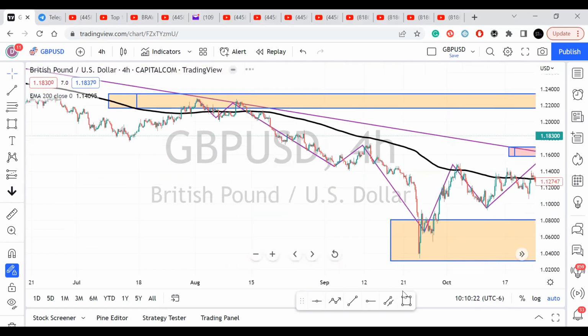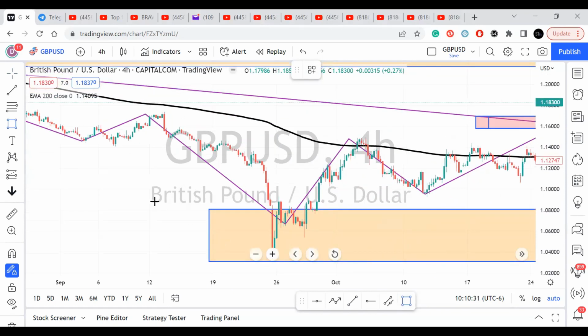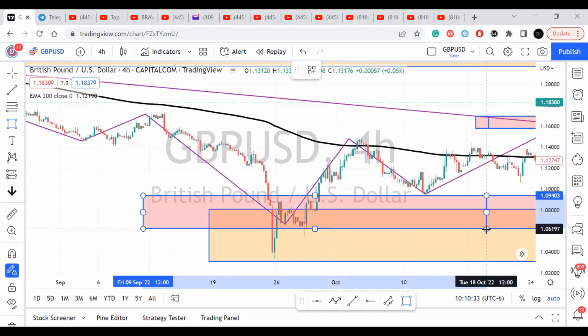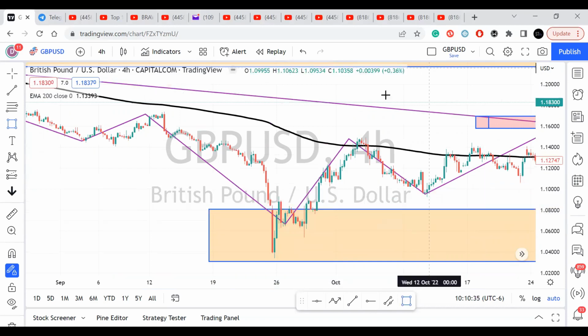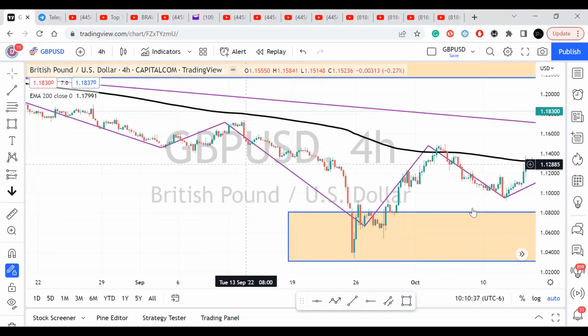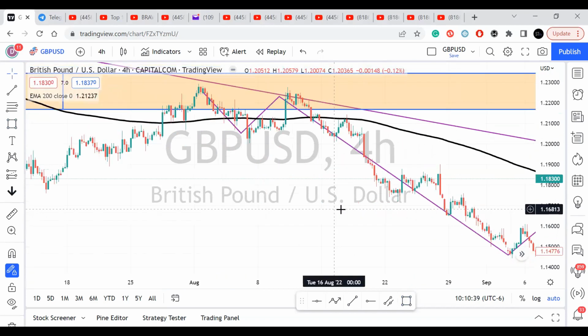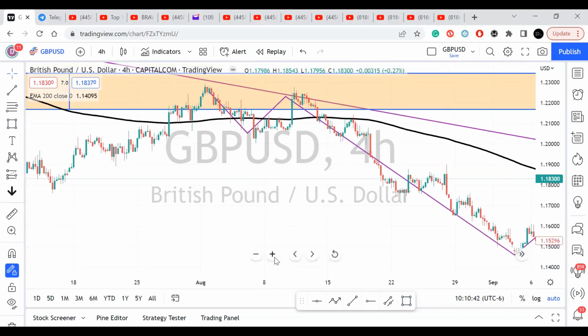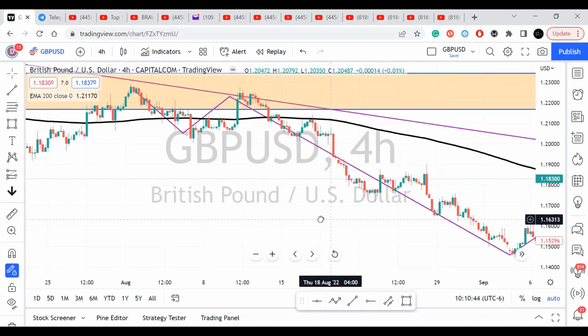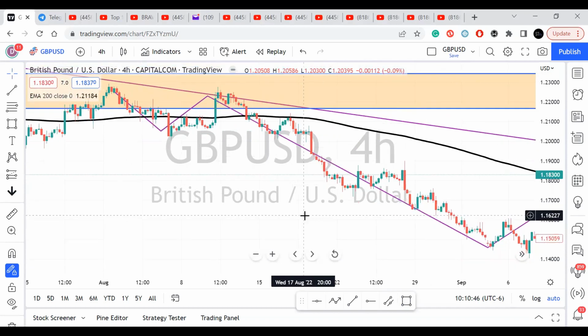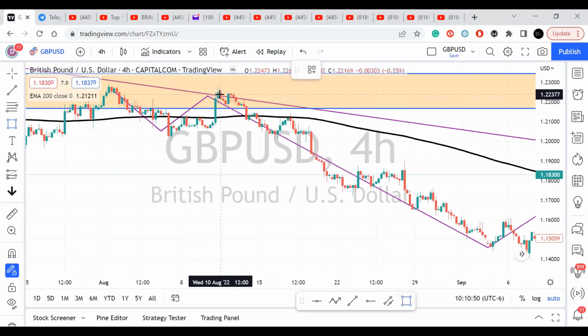So on our H4 price, let me expand this a little bit. On this H4 time frame, the zones where I expect price to respect, starting from this weekly high.